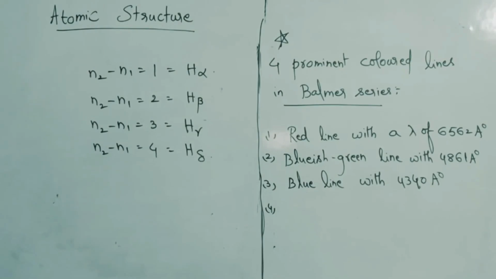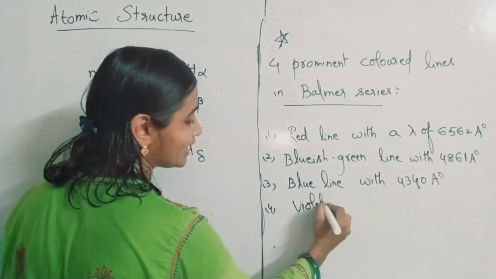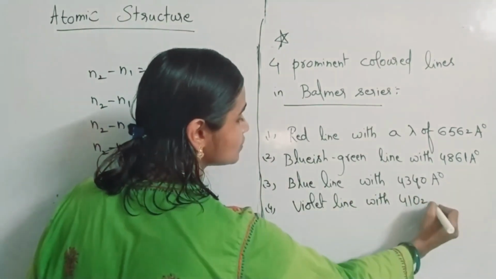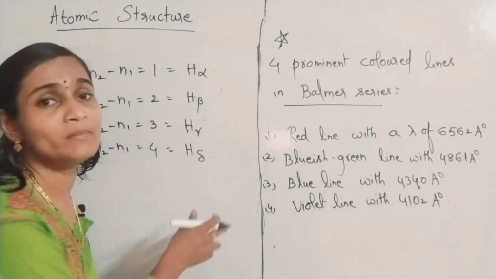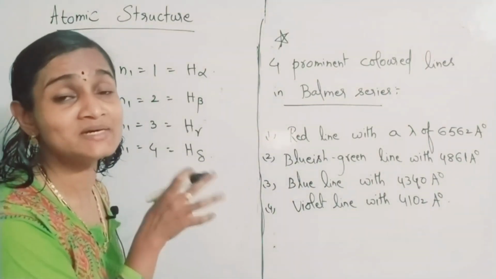And the last visible line, violet colored light, is observed with a wavelength of 4102 angstroms. These are the four prominent colored lines in the visible region, I mean in the Balmer series.